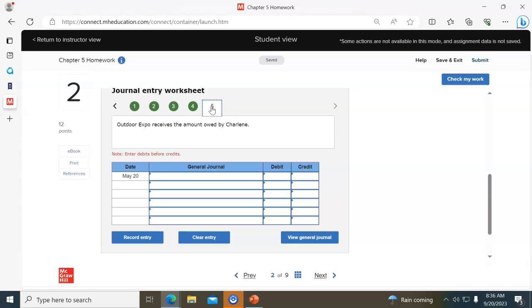Next, Outdoor Expo receives the amount owed by Charlene. Remember, her fee is now down. $1,200 minus $360 is what? $840. And if she takes advantage of the discount, if she pays within 15 days, she gets a 6% discount, okay? So 840 times 6% is what?